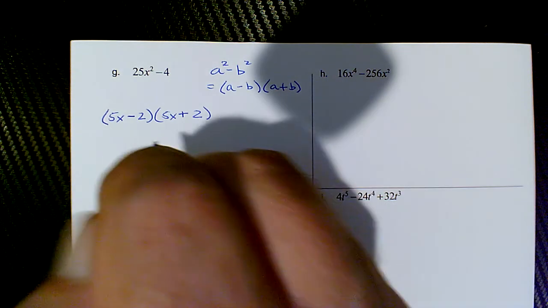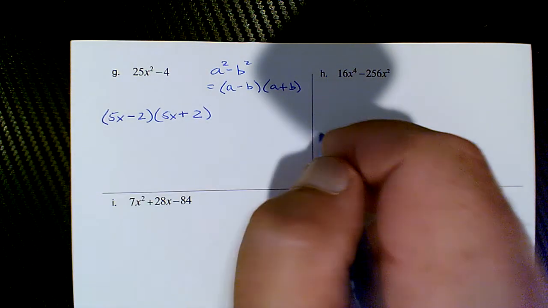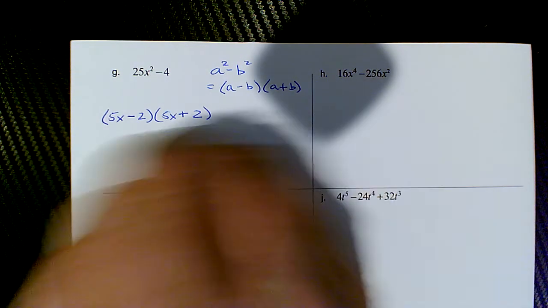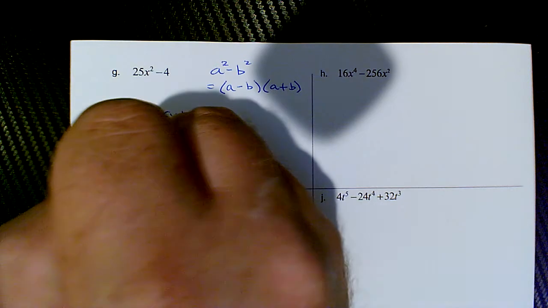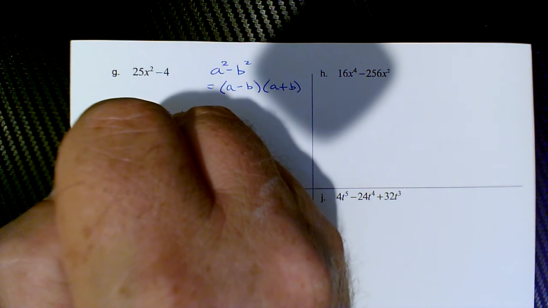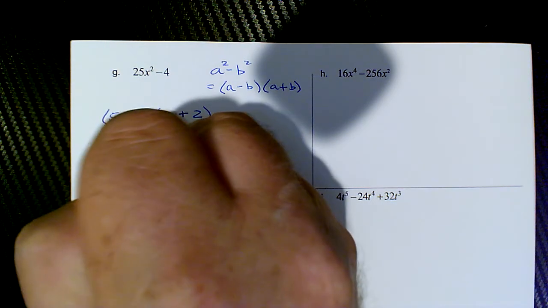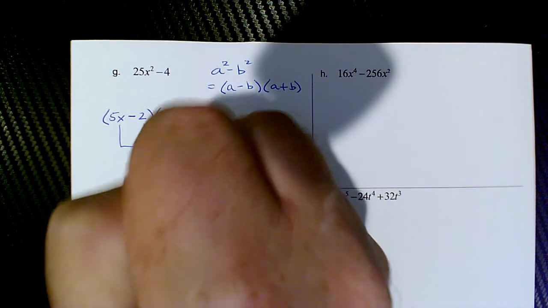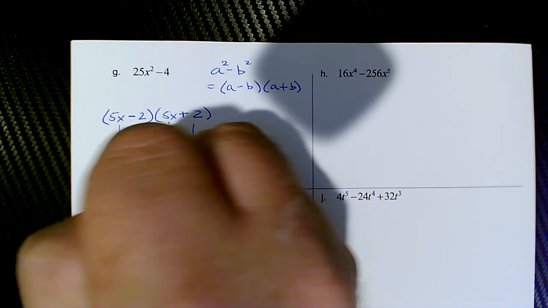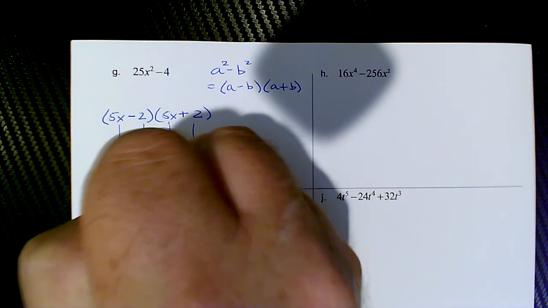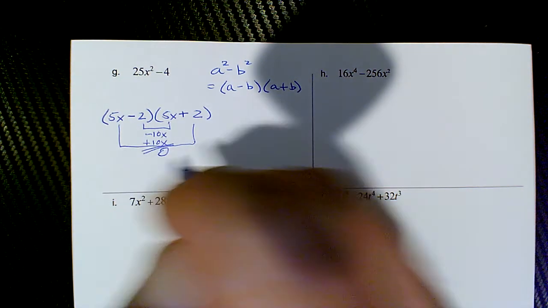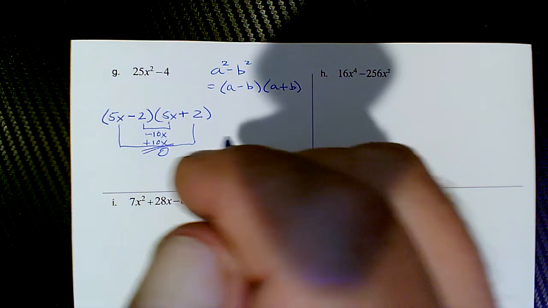And then you could perform the complete check and literally FOIL, or just check the inners and the outers. You could see that the inners give negative 10x, the outers exactly opposite, positive 10x, combine to give us 0 or 0x if you like.